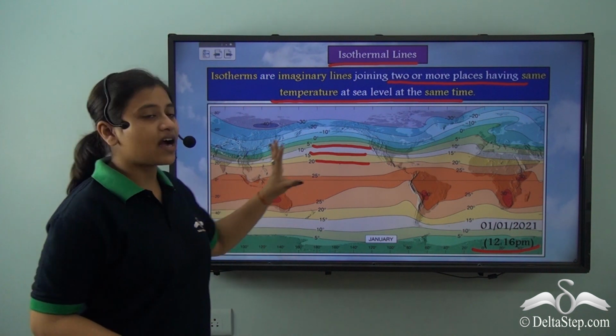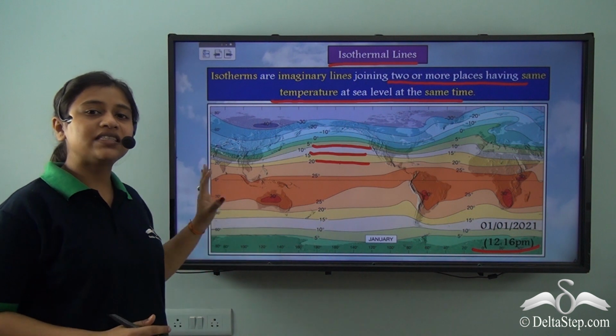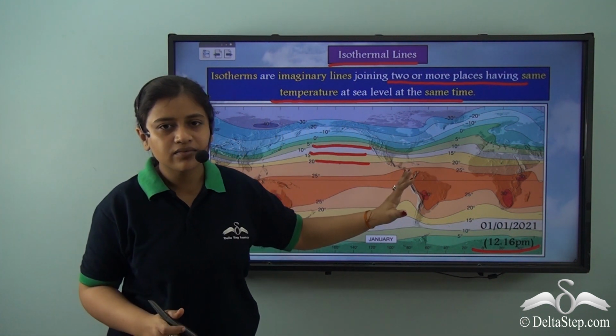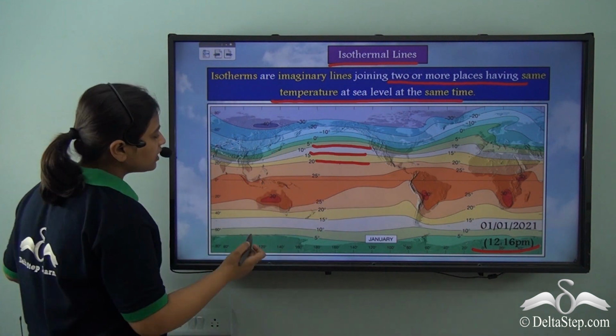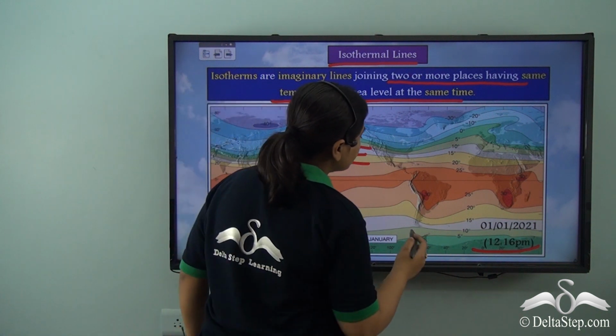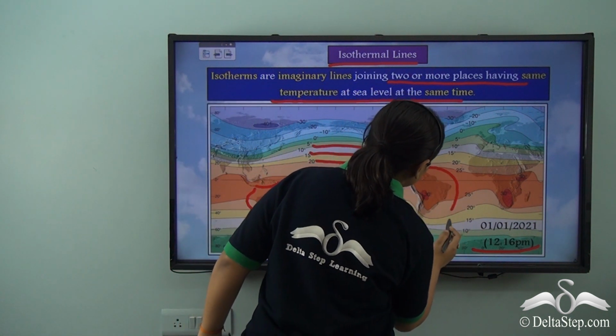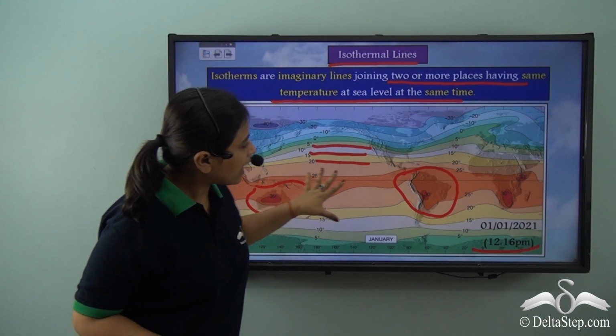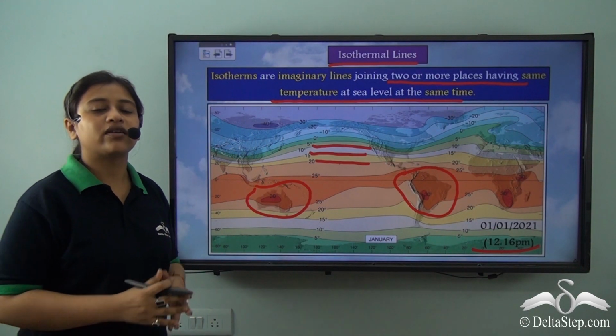So this helps us understand that places that have same temperatures must be going through the same weather condition, right? So for example, here Australia, and here South America's northern part is under the same isothermal line. So what does it say?